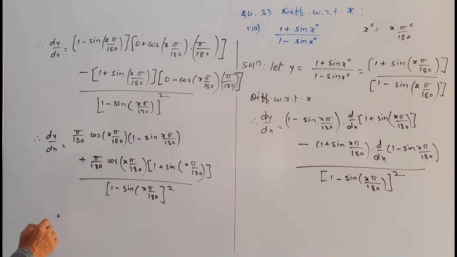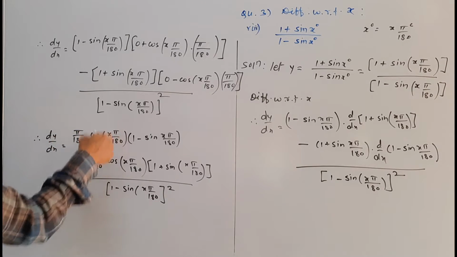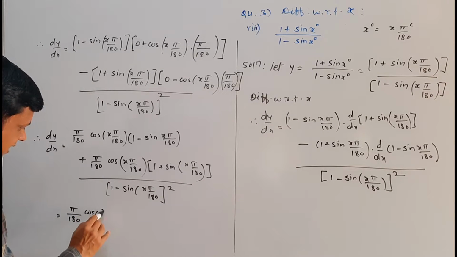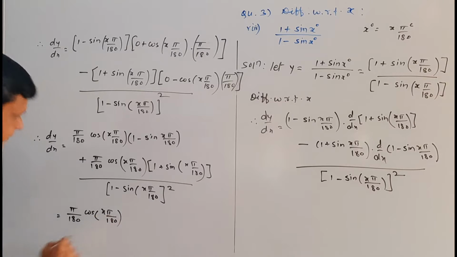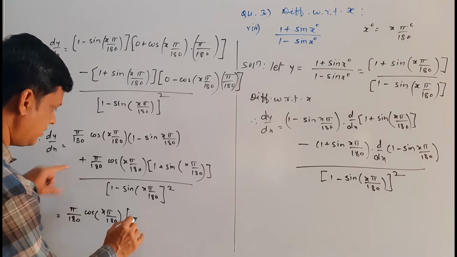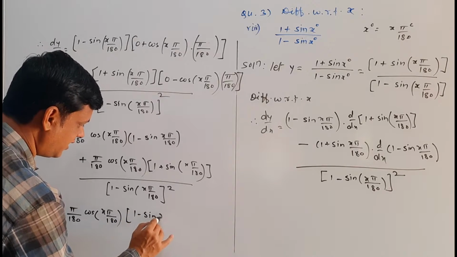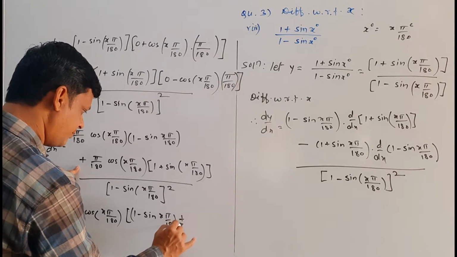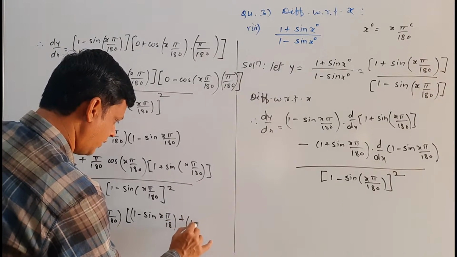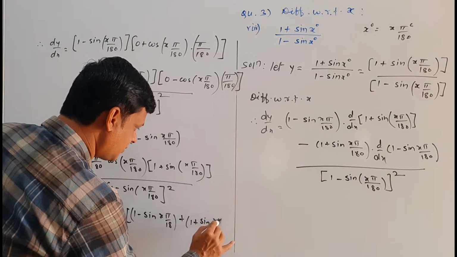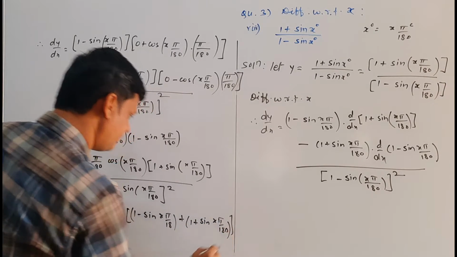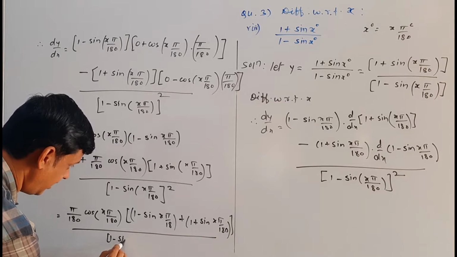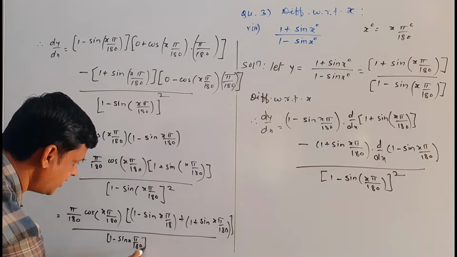So in the next step we take this pi upon 180 cos x pi upon 180 common, so pi upon 180 into cos of x pi upon 180 in bracket, 1 minus sine x pi upon 180 plus 1 plus sine x pi upon 180, upon 1 minus sine x pi upon 180, its bracket square.